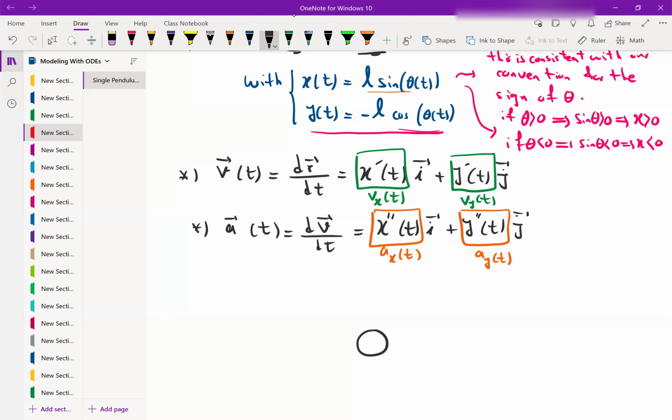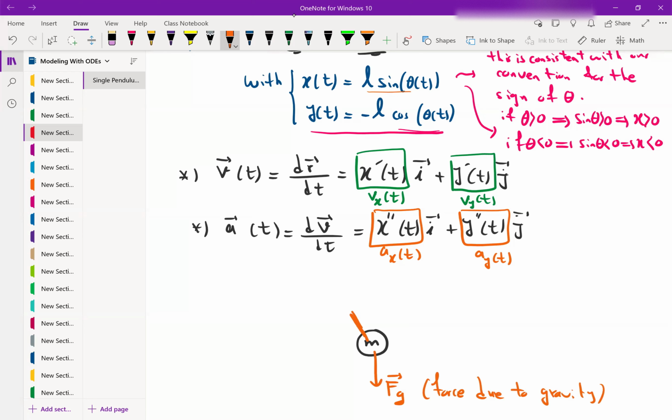So this is the mass m, and one of the forces that is applied to this mass m is the force due to gravity, the external force. And of course, the internal force that is applied to the mass m is the force due to the tension of the rod.